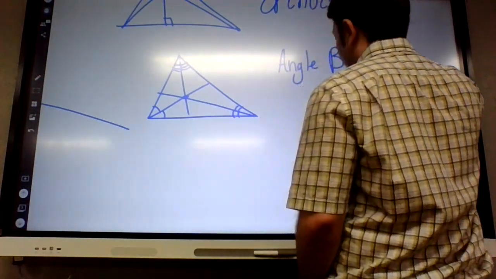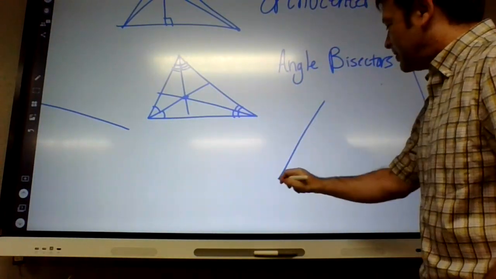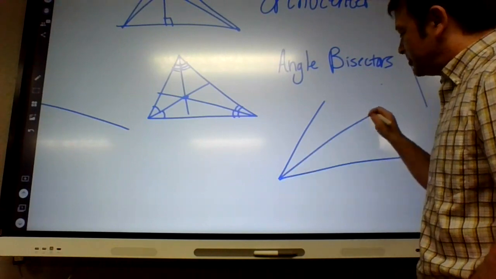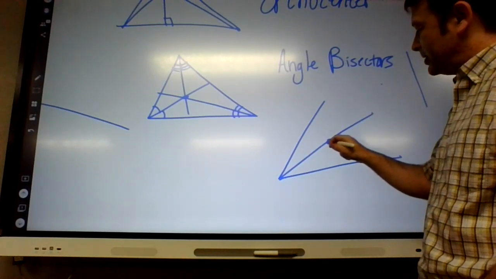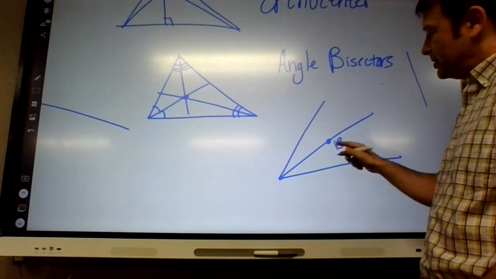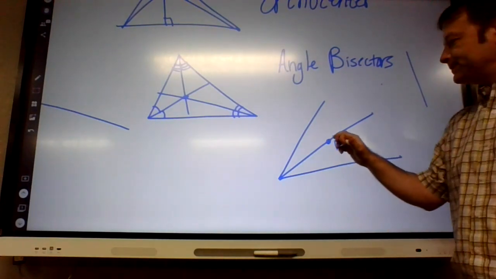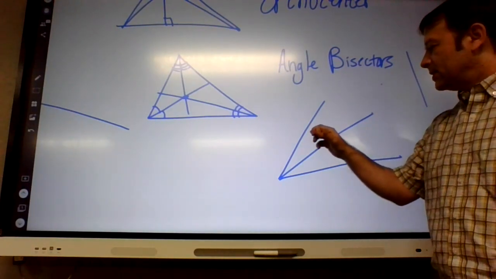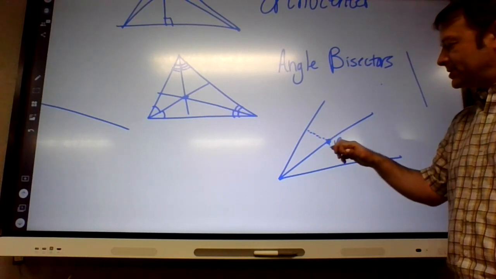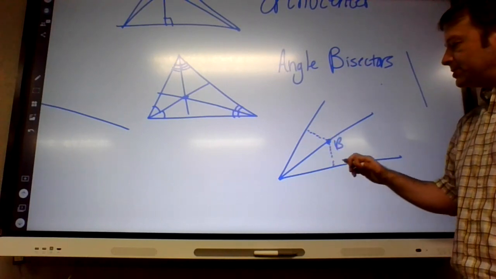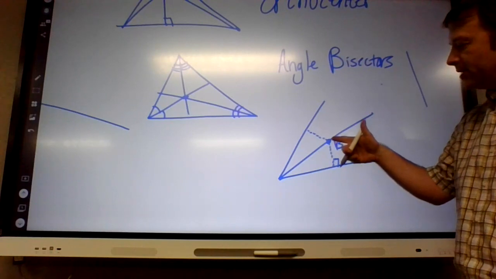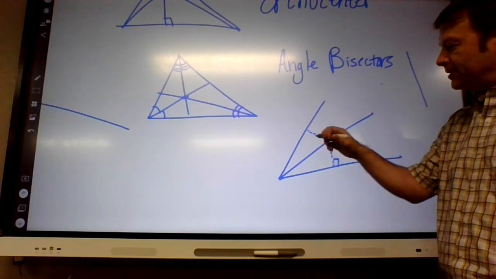Well, okay, here's the thing about angle bisectors. When I draw the angle bisectors, any point on the angle bisector, say it's B, guess what I know about B? It's in the middle. It's the same distance to the edge. Now, how do you find the distance? You draw a line that's perpendicular, like straight down.